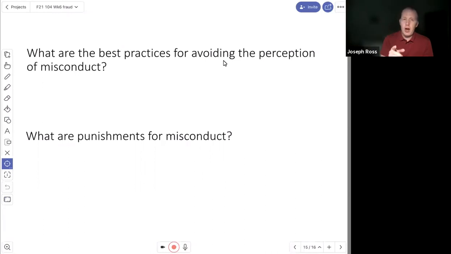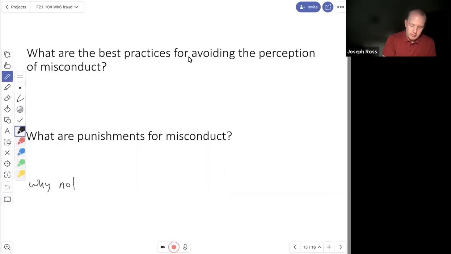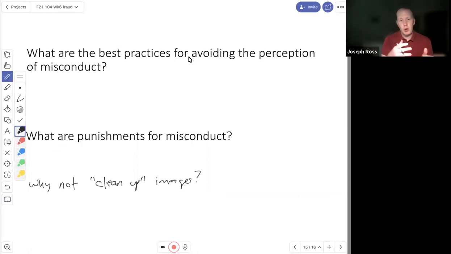And I'm going to add a third opportunity here based on something we talked about earlier, which is I'd also like to discuss why is it important not to, say, crop or obscure those background bands in gel images and pictures of fluorescent cells and others? Why is that so problematic? So we'll add that to the list. Why not clean up images? So please pause now, move over to our Google Doc, provide some feedback asynchronously, and then we'll conclude when you come back.